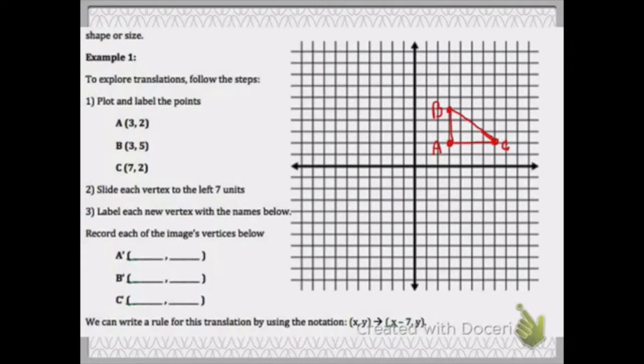To do that, I'm going to look at each vertex and just count 7 units to the left.